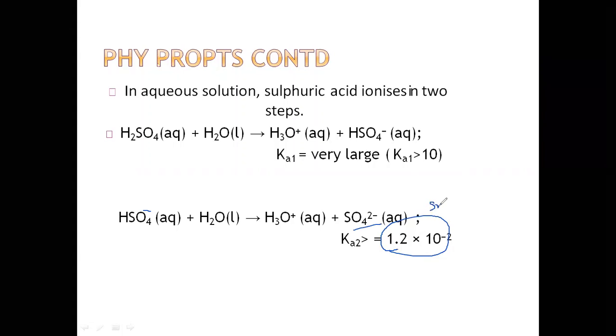Why is this so? Because when HSO4 minus ion is produced in the first step, from this anion it is very difficult to get the H plus ion. That's why the second step is quite slow, that is, the ionization of HSO4 minus is quite slow; it ionizes to a very small extent.